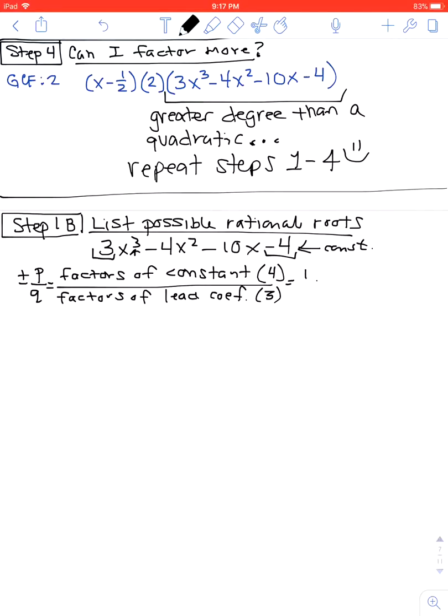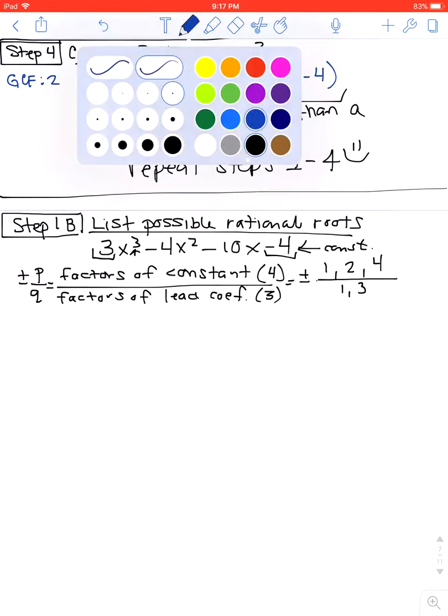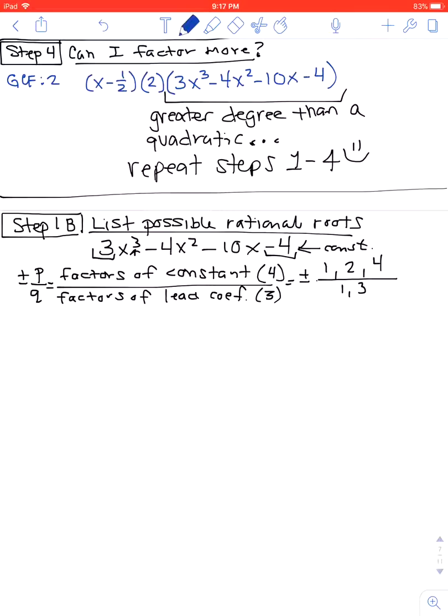Okay, so plus or minus factors of 4: 1, 2, 4. Oh, that's a nice small set. Factors of 3. Thankfully, a small set. It should always be a way smaller set than before. Okay, so make your whole list. We'll list them all.